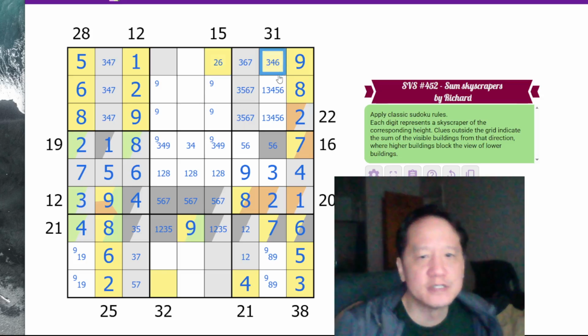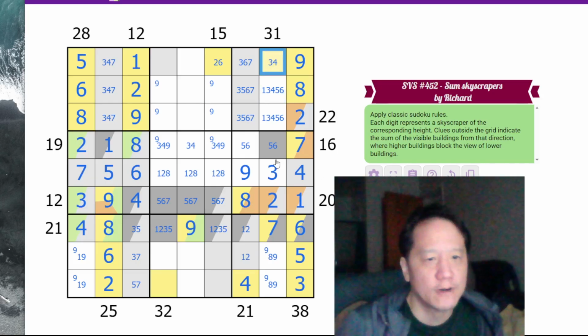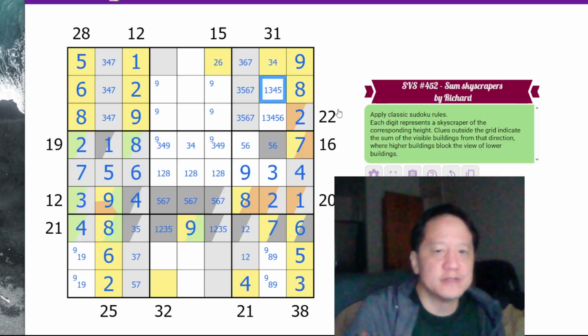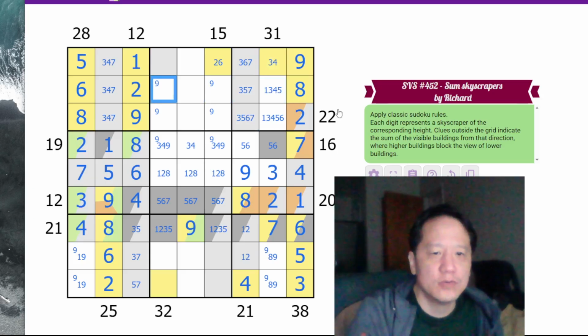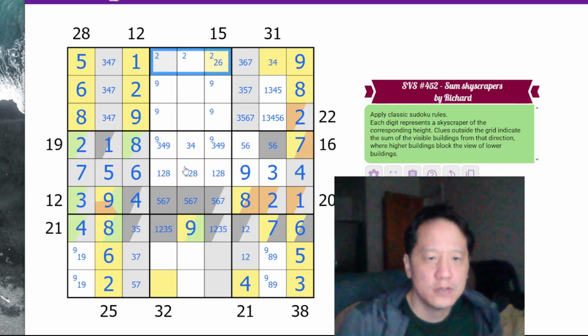This can't be 6, because if this were 6, 6, 7, 8, 9, which is all the digits it would see, would be only adding up to 30. So this can't be 6, this is 3 or 4. This can't be 6 because of 6 in the row. We know 2 has to be one of these digits here.